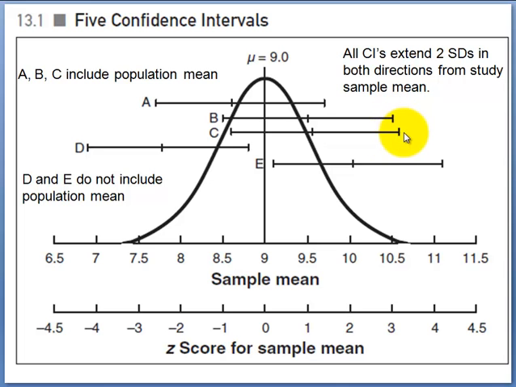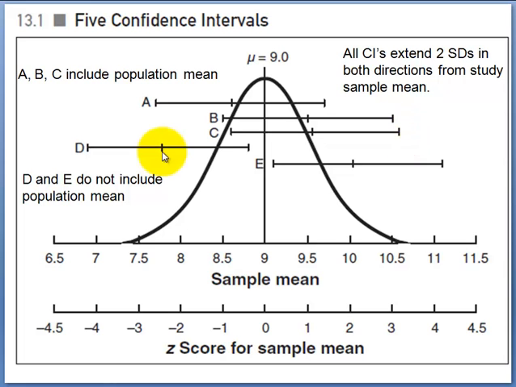Here's the confidence interval from random sample C, and just as did A and B, this one includes the population mean of 9. But as you know, 5% of 95% confidence intervals do not include the population mean.